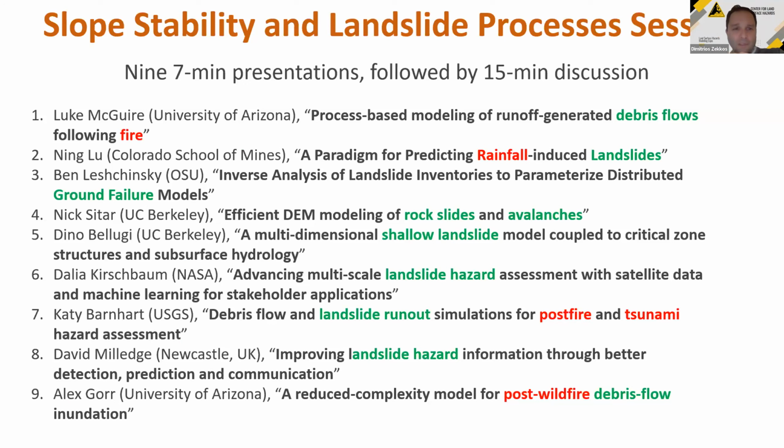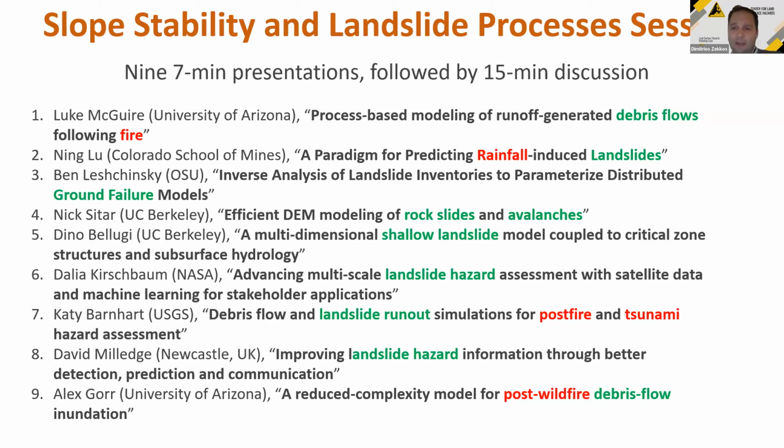We're going to have 7-minute presentations, and I just use green colors here to show the different types of instabilities we're talking about. We're talking about shallow landslides, deeper landslides, debris flows, ground failure, rock slides and avalanches. So we have a whole range of landslides. And here we have also a number of stressors.